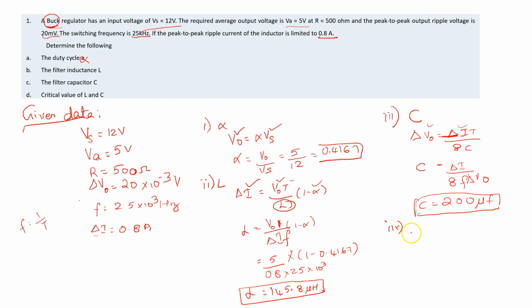Next, the final one, the critical value of L and C. The critical value of L is LC equal to 1 minus alpha divided by 2F into R. Substituting, alpha we know is 0.4167, R value is 500 ohms, and F value we already know. Substituting all these values, we get 5.83 millihenry.